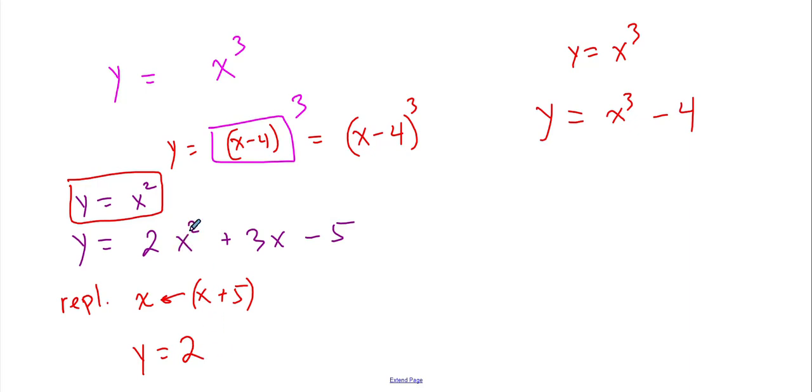X squared is the inside of the function. And here I'm going to plug in x plus 5. It's squared. And I'm going to continue plus 3. And again, in here I'm going to plug in x plus 5. And notice, it's a power of 1, invisible 1 here, and then minus 5.